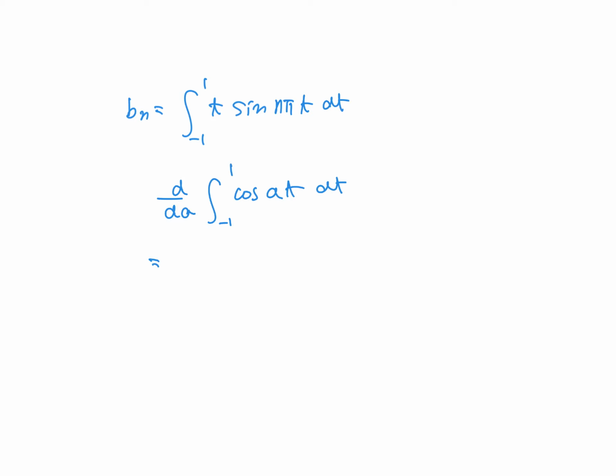So this becomes the integral of minus t sine AT dt, right? So this and this are the same form when A is n pi. So let's focus on this first.